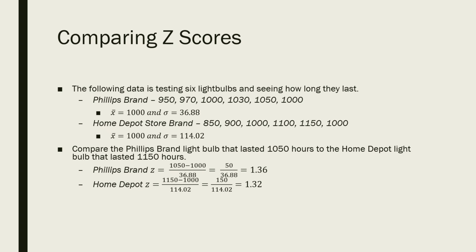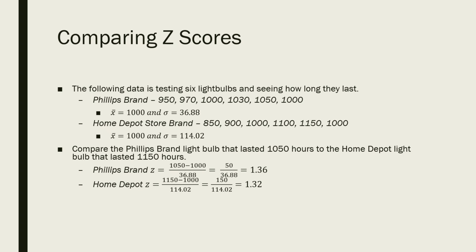So just looking at these two, we can see that the Philips one, even though it's only 1,050, is further from the mean in its distribution than the Home Depot one, which is actually closer to the mean. They're very close to being the same amount, but the Philips is 1.36 standard deviations from the mean versus the Home Depot, which is 1.32 standard deviations.